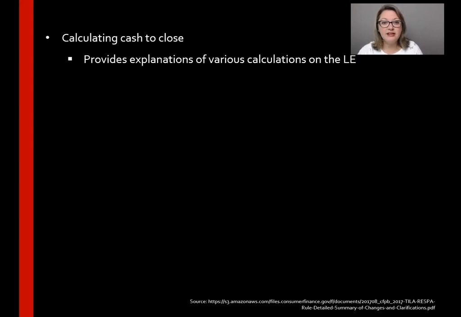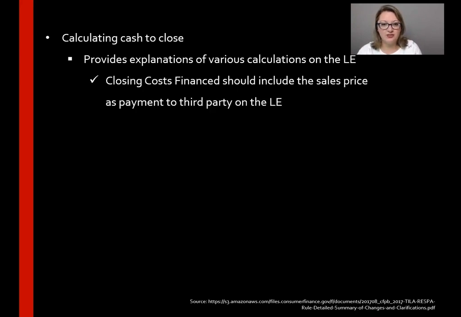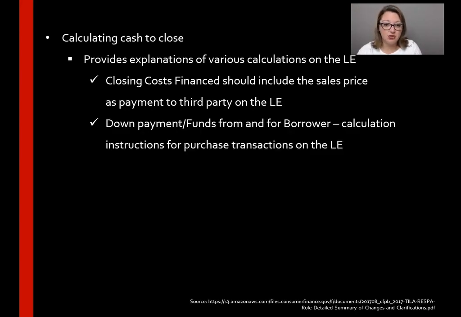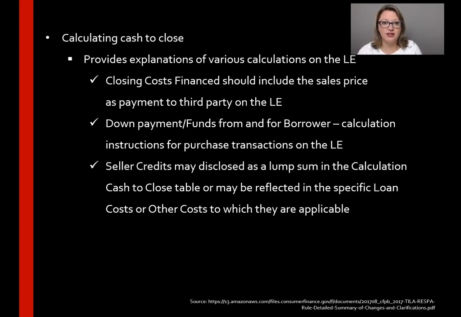For calculating cash to close on the LE and the CD, they provide some additional explanations of various calculations on the LE. So for example, the closing cost financed should include the sales price as payment to the third party on the LE if it's a purchase. Down payment and funds from the borrower, the calculation, they give instructions around how to do that for purchase transactions on the LE.